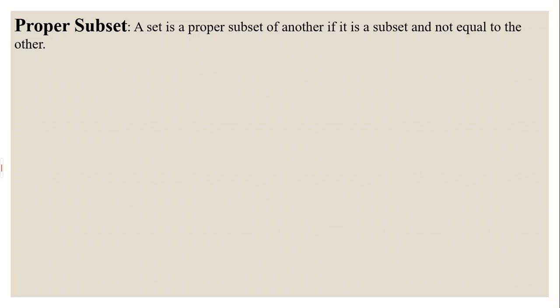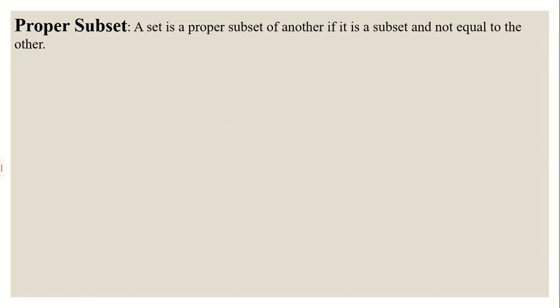Let's take a look at this one. This one is talking about proper subset. A set is a proper subset of another if it is a subset and not equal to the other set.